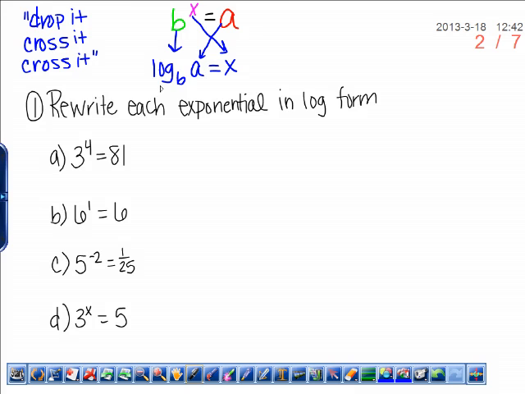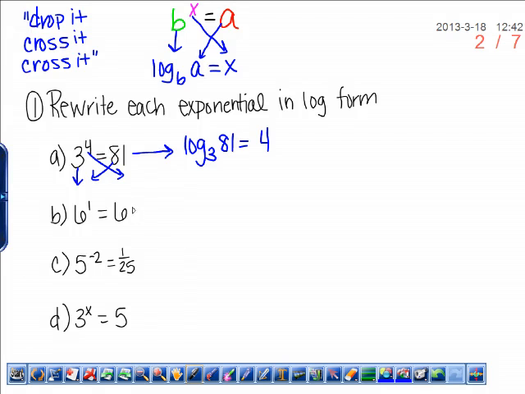All right, so let's rewrite this 3 to the 4th equals 81 in log form. So we're going to drop it. So we're going to have log base 3 and then cross it of 81 equals 4. Everyone see how we're doing that?